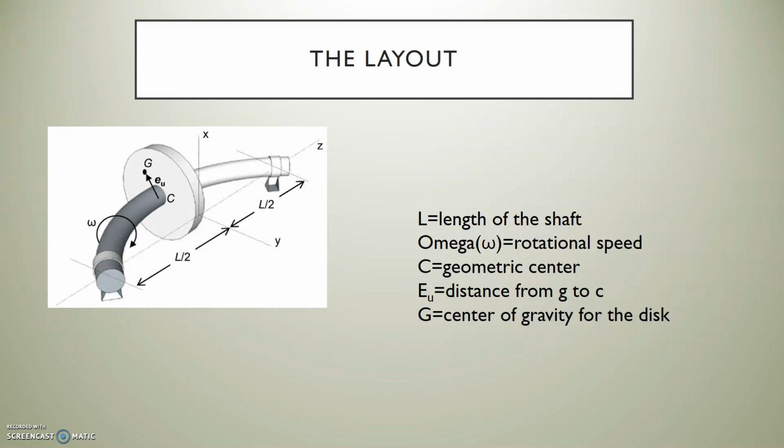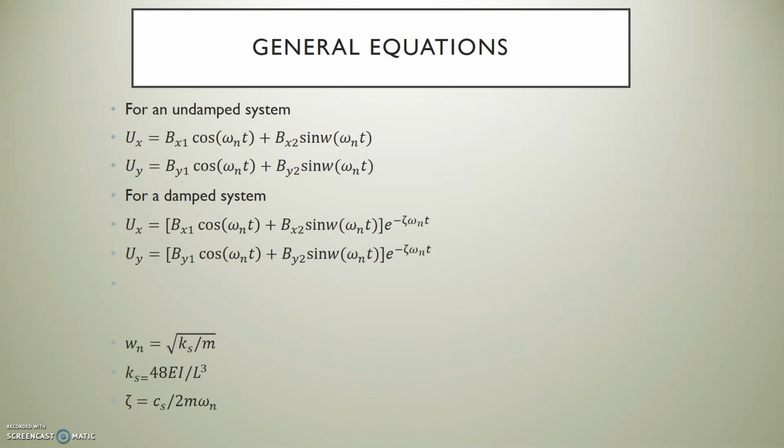It would also have a geometric center, which is C, and the vector e_u would be defined as the distance from G to C, which is the distance from the center of gravity of the disk to the geometric center. And this is the basic setup that is used to create further models.